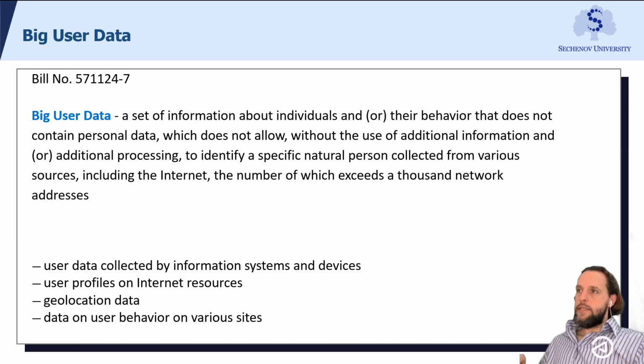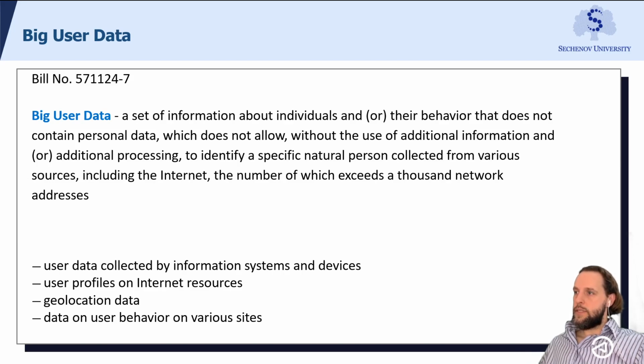Big user data is a set of information about individuals and their behavior that doesn't contain personal data, which doesn't allow, without use of additional information and additional processing, to identify a specific person from whom we got this data. And currently, this big user data is being gathered on the internet by most of the web browsers and with lots of social networks and so on.